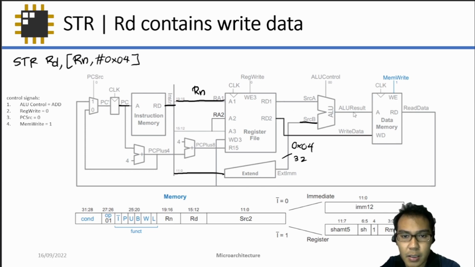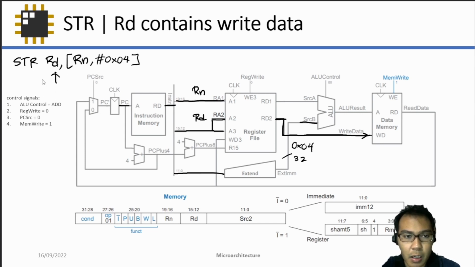The other one, actually, since we have the destination register right here, we're going to want to use that in A2 as well. So RD goes into A2 as well and comes out RD2 because we want it to go to the write data. So basically, the write data is actually written inside RD.